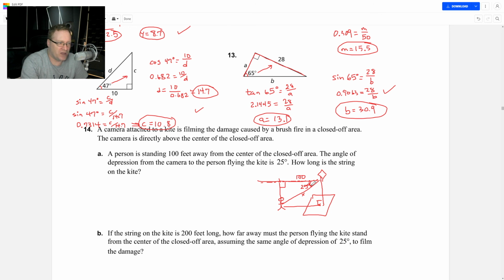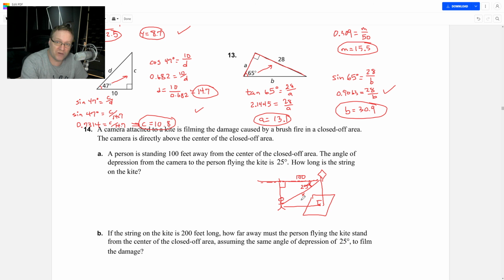Well, here's our angle that we know is 25. 100 is the adjacent leg of the triangle, and x is the hypotenuse. So we have adjacent and hypotenuse.